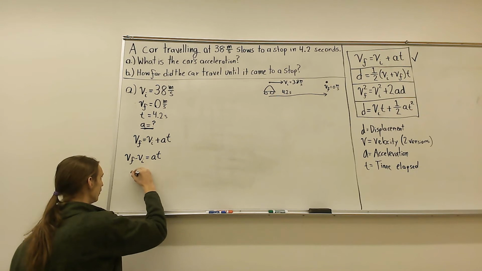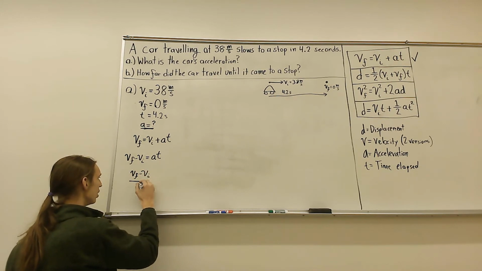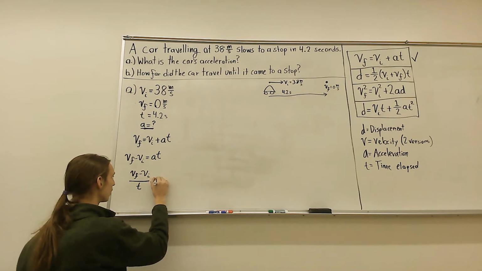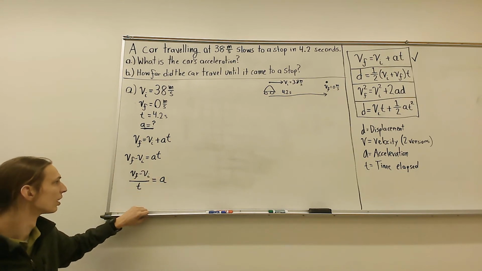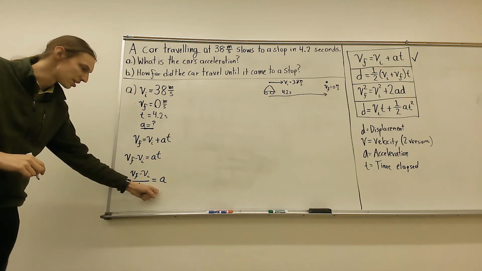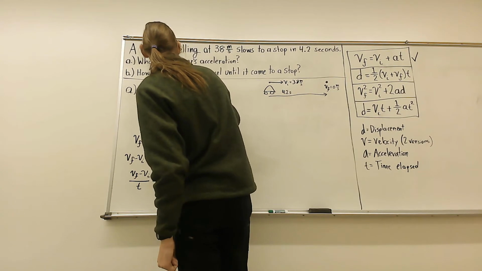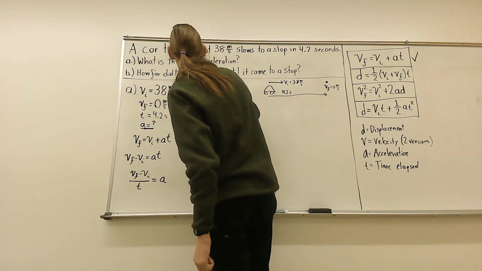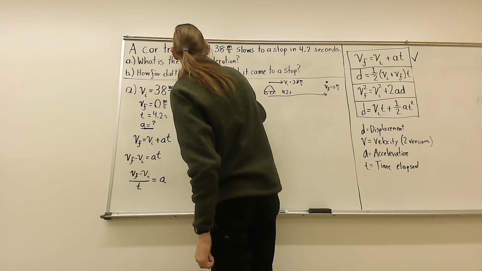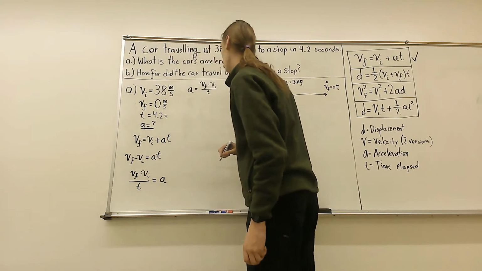So we have vf minus vi, all of that divided by t, is equal to a, because the t's canceled out here. So this equation tells us what we want. We're going to write it again over here. So we have a equals, I'm just flipping the sides now, a equals vf minus vi over t.